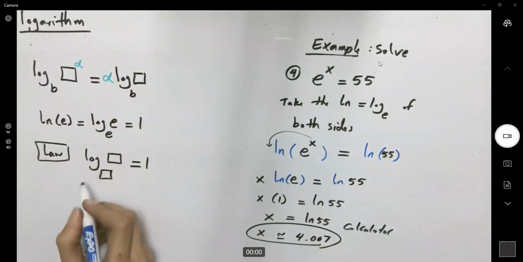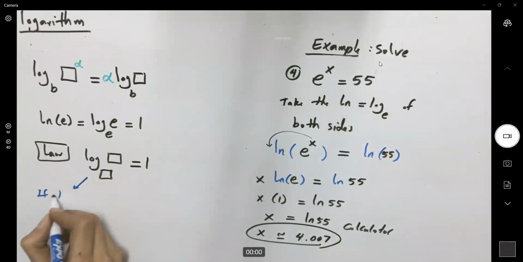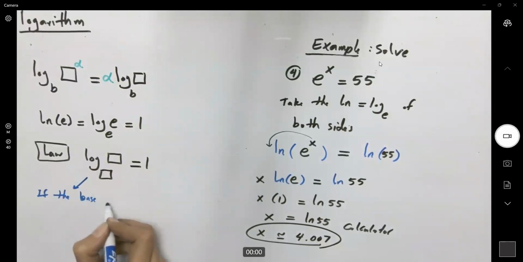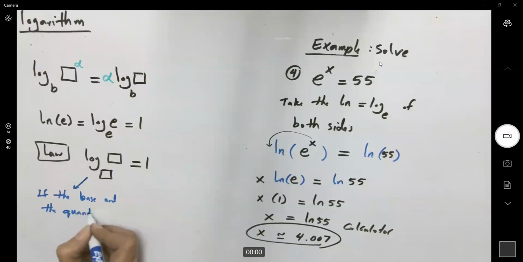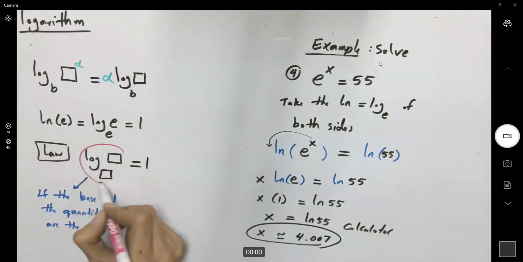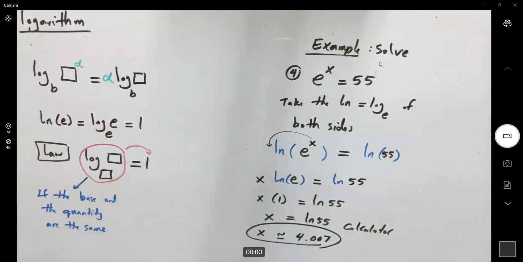So if the base and the quantity are the same, the log becomes 1. This is the law that we have.